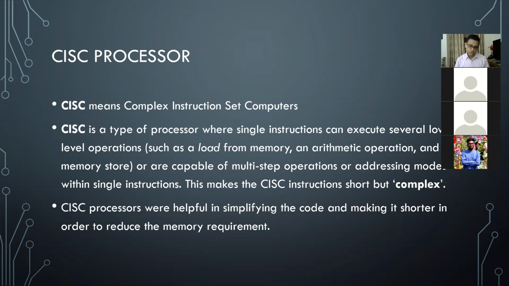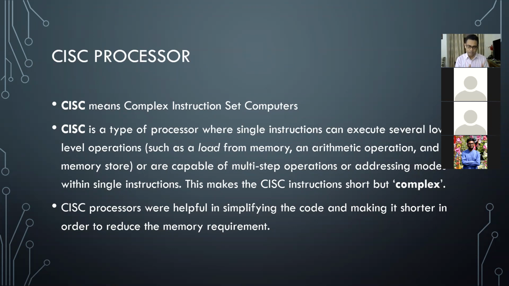For example, if you want to add two numbers using the CISC processor, you just need to write add. There are so many types of add, but for simplicity, you just write add variable number 1, comma, variable number 2. That's it in the CISC processor. Variable 1 and variable 2 are added together and stored into variable 1.